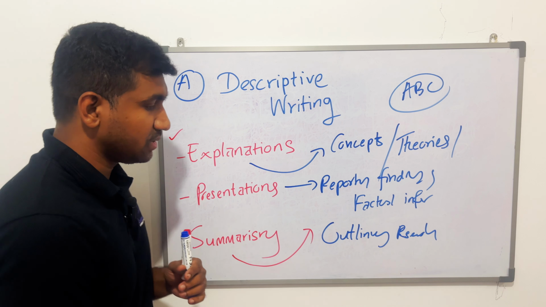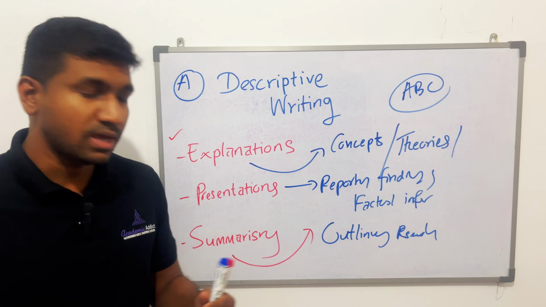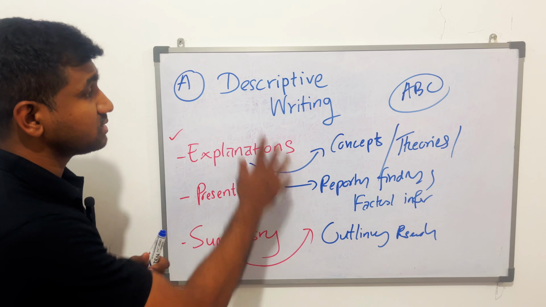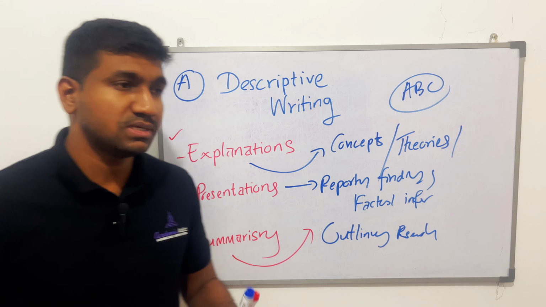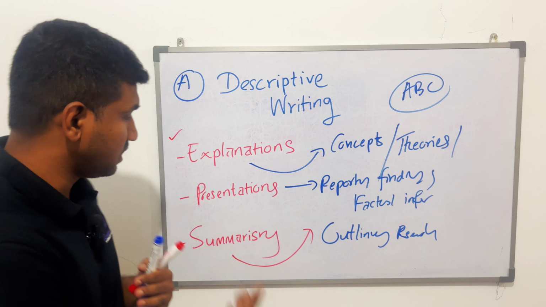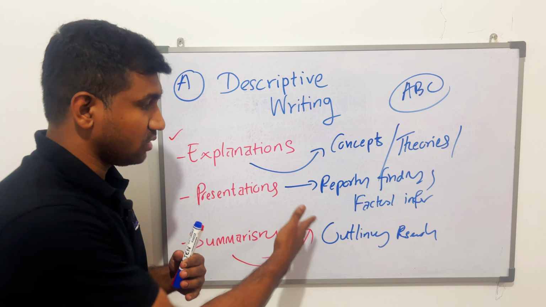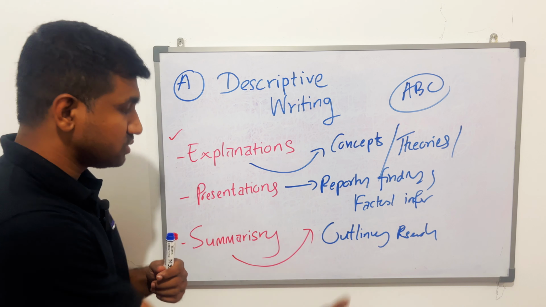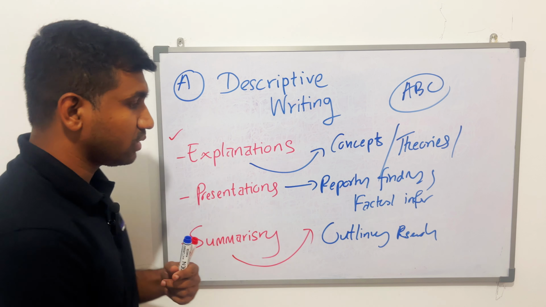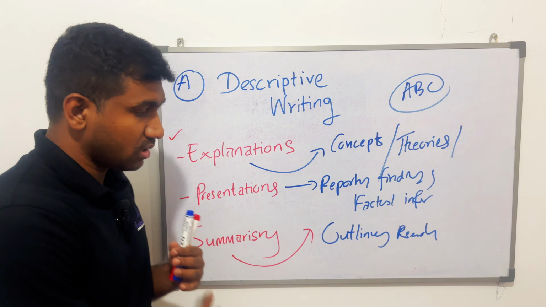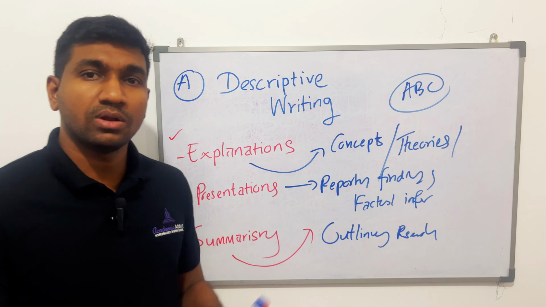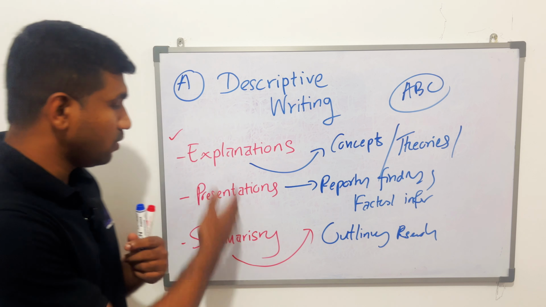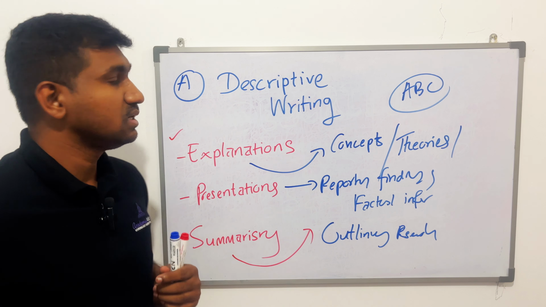So you are summarizing and outlining. When you do that, that also comes under descriptive writing. So basically you're repeating things, you're explaining, you're presenting your data or findings, and also summarizing information, maybe outlining your research, maybe summarizing your key context or key themes. All these sections come under descriptive writing.